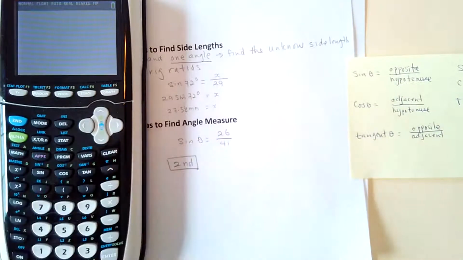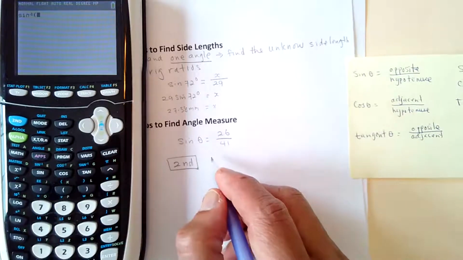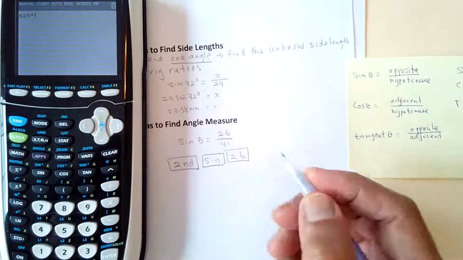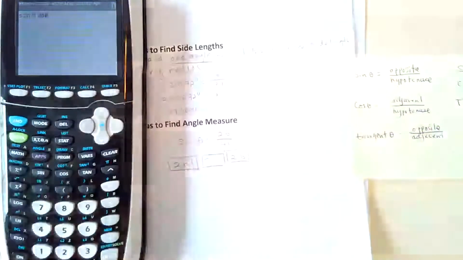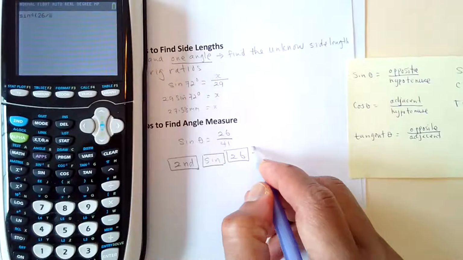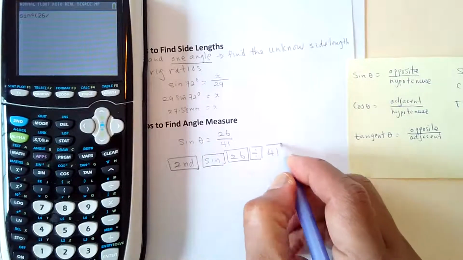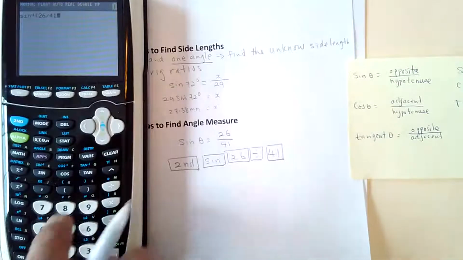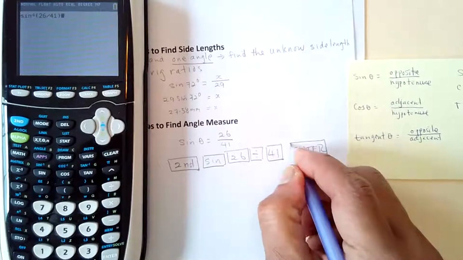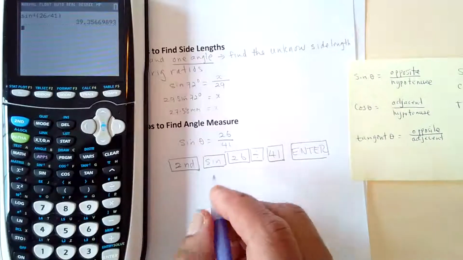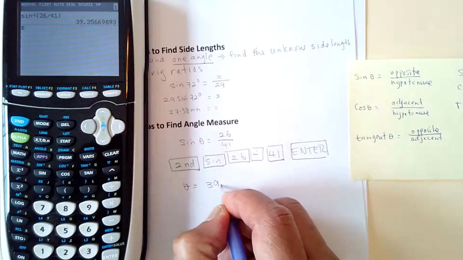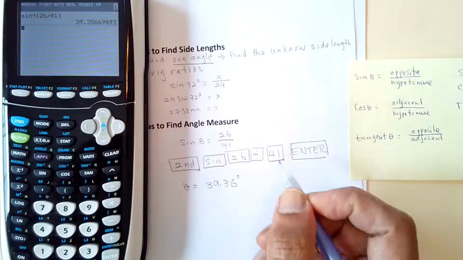So press the second button, sine, and 26. And make sure you have the bracket, it's an inverse, a -1 you should see, divided by 41. Close bracket, and I'll press enter, which is equivalent to equal. That gives me theta, 39.36 degrees. I rounded it up.